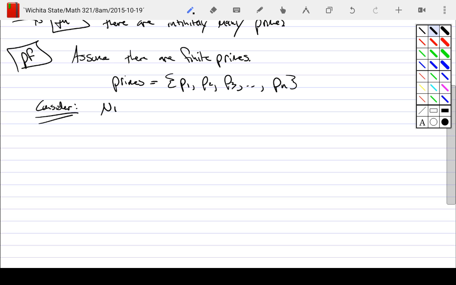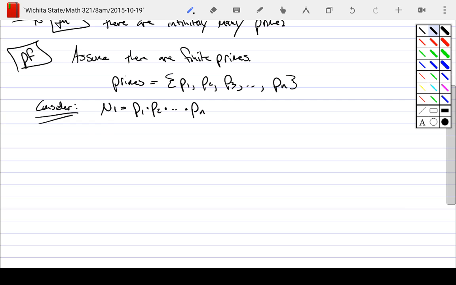Let's consider number 1, which is simply going to be prime 1 times prime 2 times everything up to prime n. It's a big number. Is it bigger than all those primes? I don't know. I'm not telling you what the numbers even are. All I know is it's simply all the primes that you say exist, multiplied.